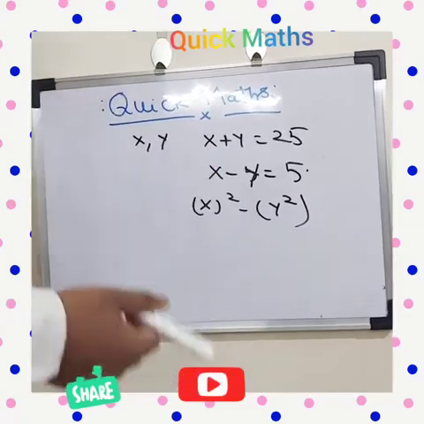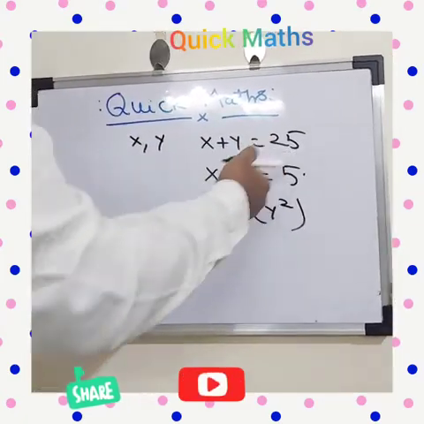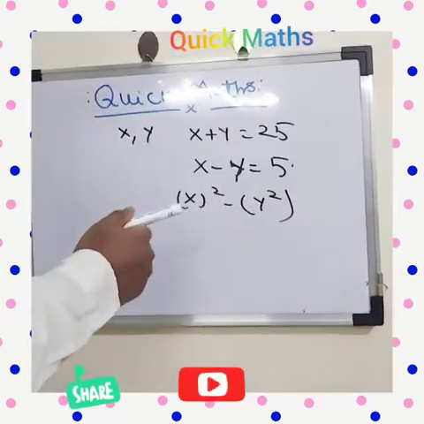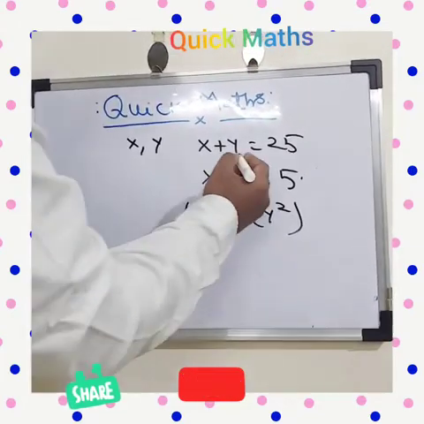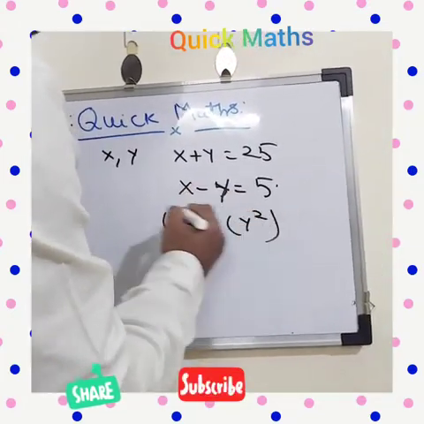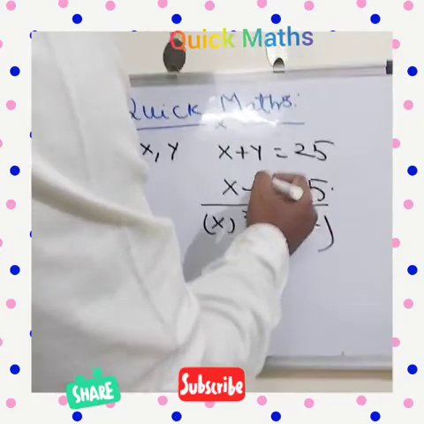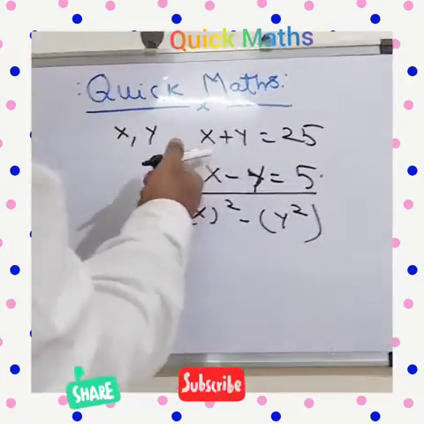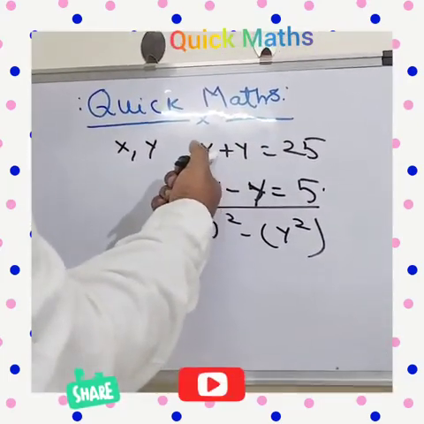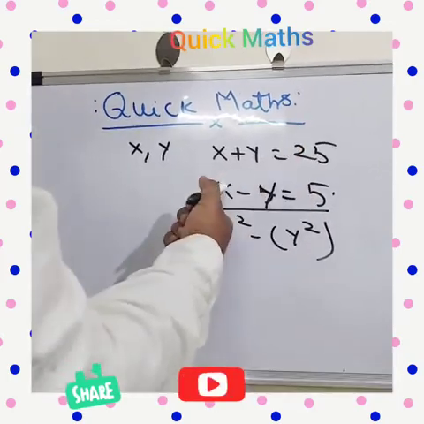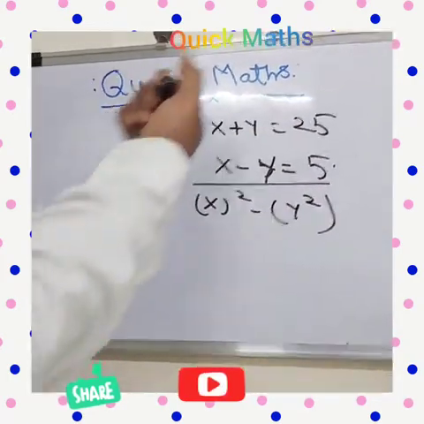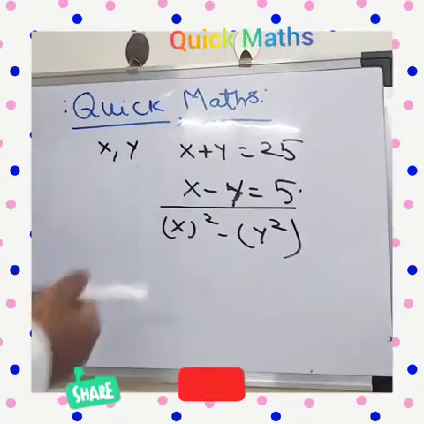So already you know that x plus y is equal to 25 and x minus y is equal to 5. First, if you find the values of x and y, then it will be very easy.